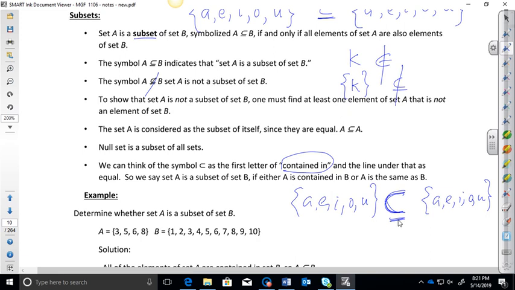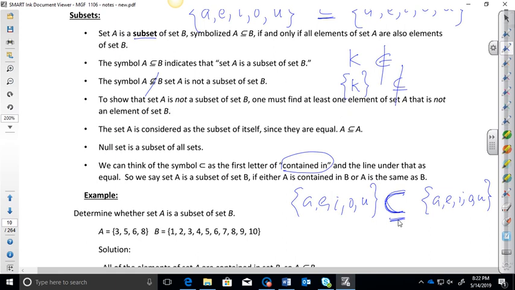So subset, if I just use subset notation, it can be the same set. But if I don't use that, then it cannot be the same. It has to be inside that. Make sense? That is subset and proper subsets. These are all subsets. However, proper subsets start only here.